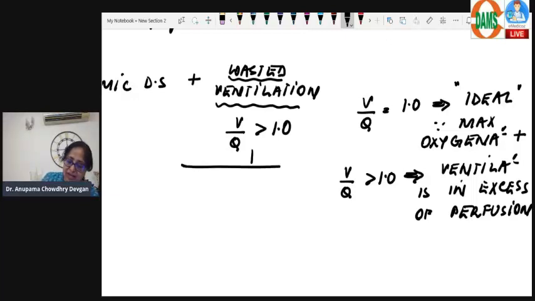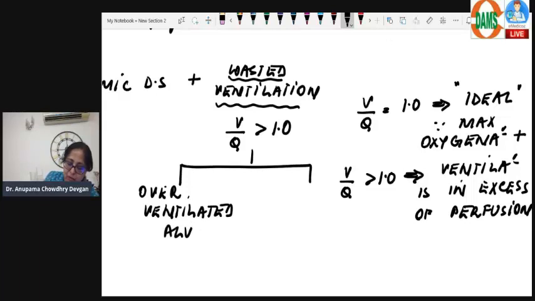And how can you get wasted VQ ratio more than 1? Number 1, if you have over-ventilated alveoli, that means ventilation has increased without increasing the perfusion. VQ ratio is more than 1.